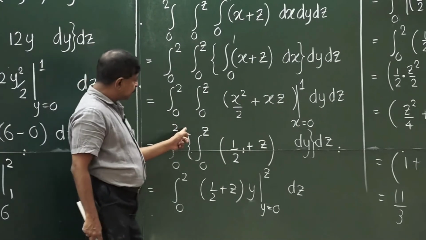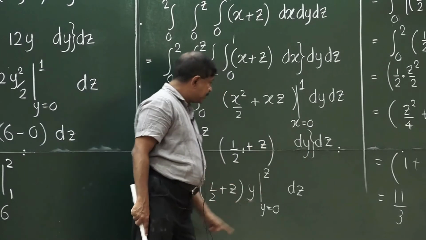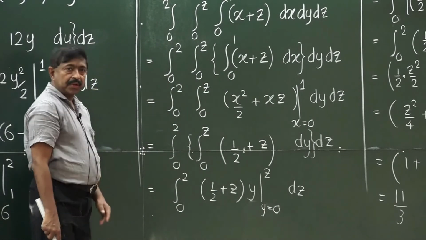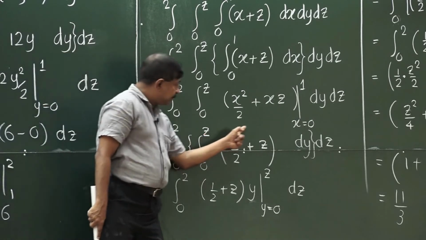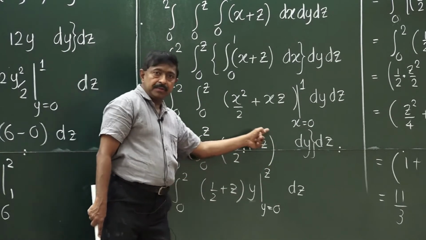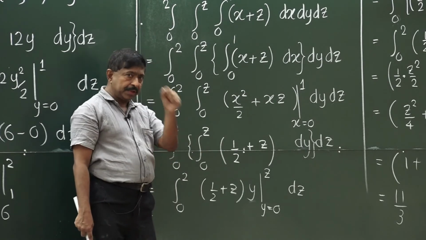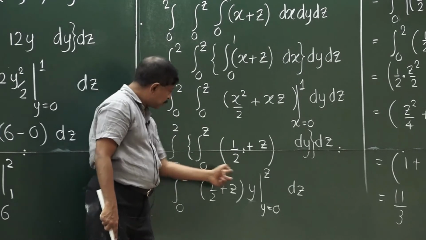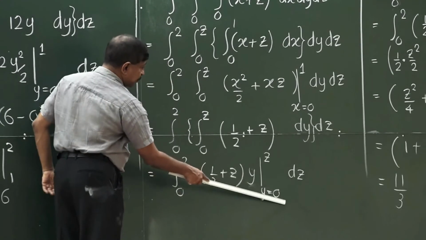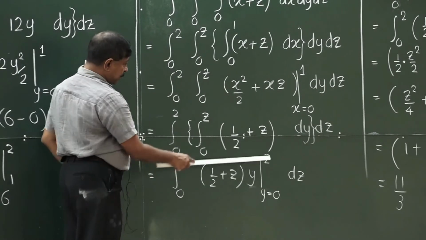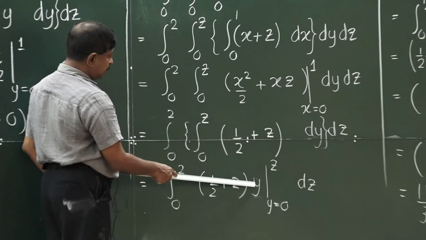Now, you are in the next level. So, put a pair of braces. Now, y is the variable. Now, note that this should be treated as a constant, because y is the variable. Therefore, it is a constant. So, when you integrate it, constant times y. Limits are from 0 to z. Now, you plug them in. When you plug in z, you get that.